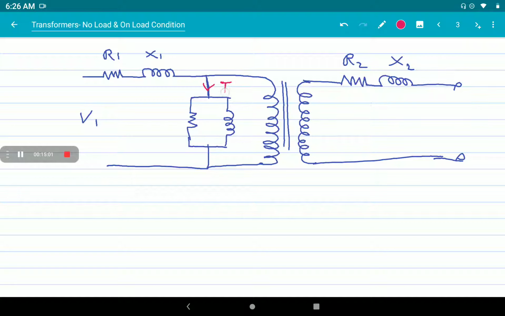So I0 will flow to the core only, only to magnetize the core. That is the first current when we apply a voltage V1 on the primary side.